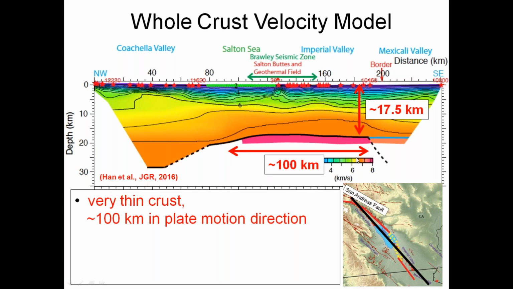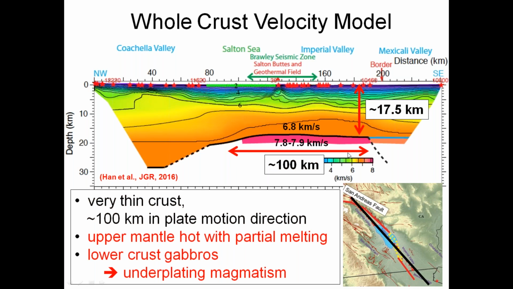It is about 100 km wide in the plate motion direction. The velocity in the lower crust is homogeneously 6.8 km per second. The upper mantle velocity is uniformly 7.8 to 7.9 km per second. This means the upper mantle is very hot with partial melting, and the lower crust is mainly gabbros by underplating magmatism.